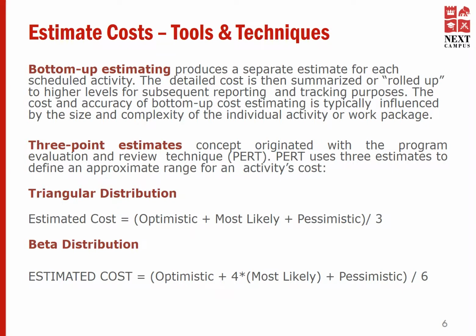Beta distribution, estimated cost is calculated by adding optimistic, 4 times the most likely estimate, and the pessimistic estimate, and the total of these is divided by 6.